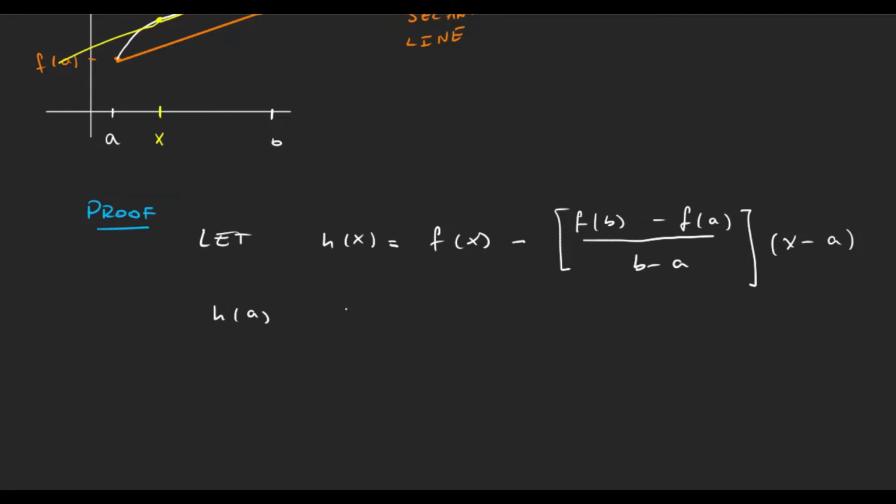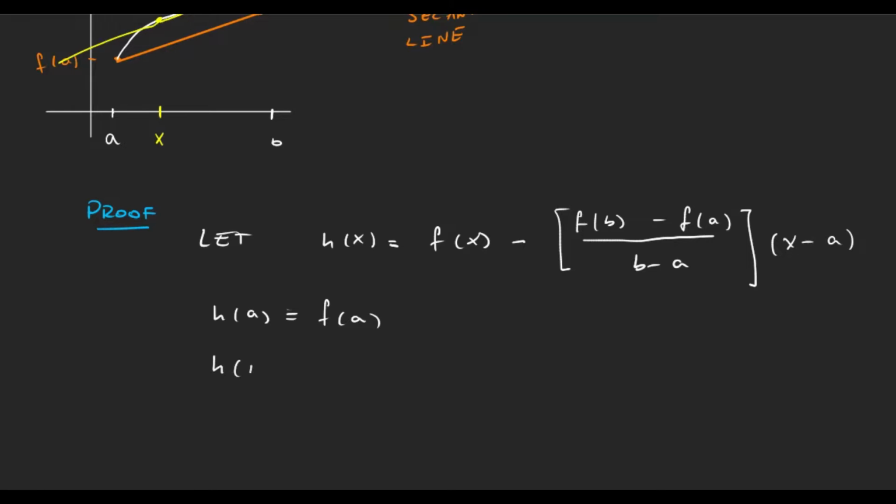Now when we evaluate h at a, we have f of a here, and then this will give us 0, because x minus a at a is just 0. So h of a is actually f of a.